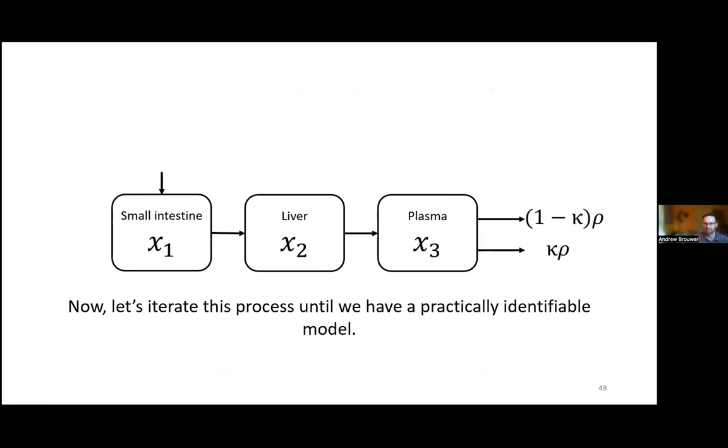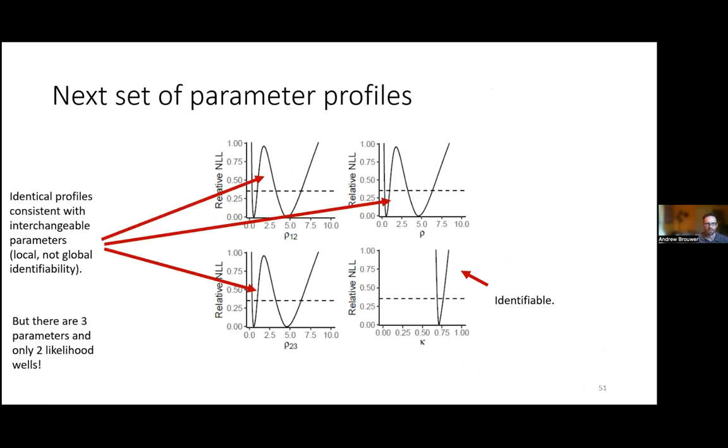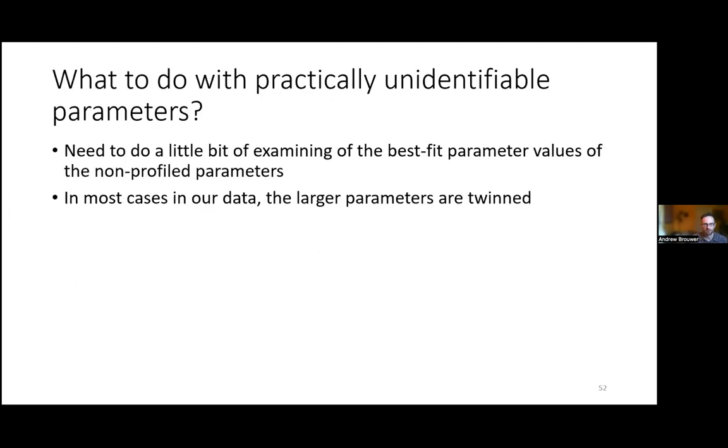And we're going to iterate this process until we have a model where all the parameters are practically identifiable. So for this model, I now have one identifiable parameter and identical profiles for the others. But what you'll notice here is that I have 3 parameters, but only 2 likelihood wells. That's a bit strange. So what's going on?